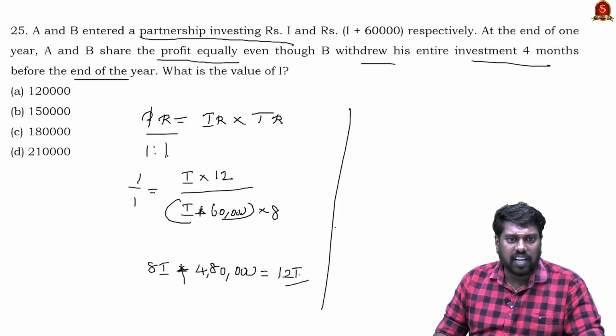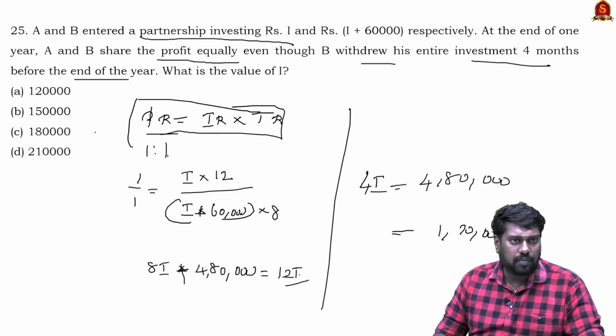So 12i minus 8i will be 4i. So 4i is equal to 4,80,000. So I will be 1,20,000. It's a very simple question. Whenever partnership comes, you just have to know this constant formula. So our answer is option A.